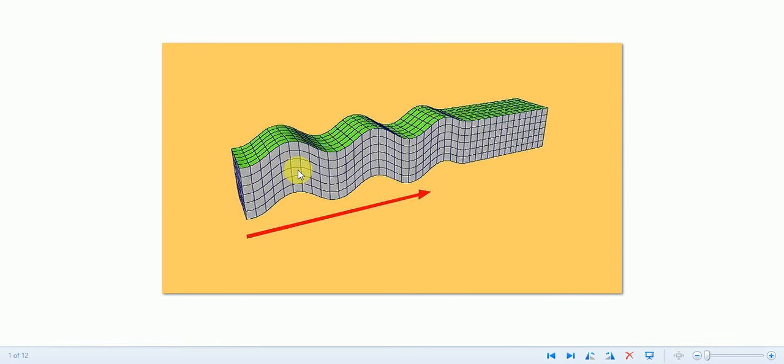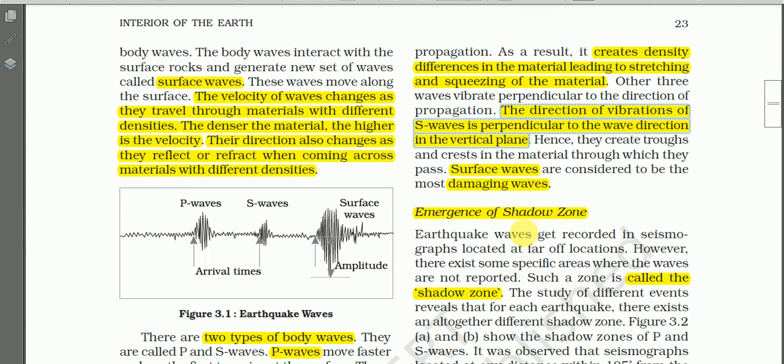Here, up and down, perpendicular, then again perpendicular. And hence S waves create throws and cracks in the material through which they pass.